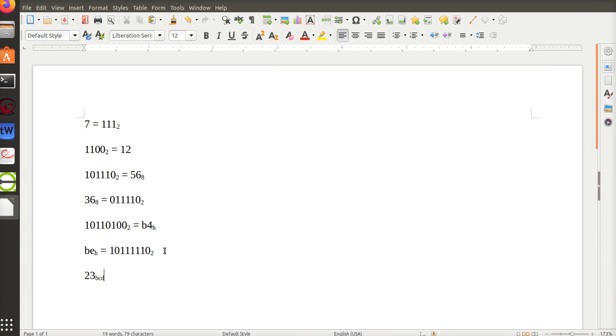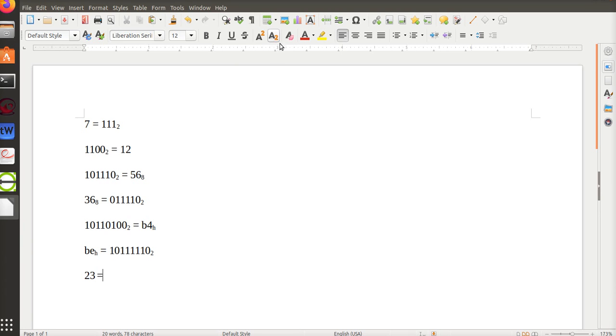Now, what you do when you're going from BCD to decimal, what you do when you go from decimal, I should have done decimal, and this is not right. All right, 23 decimal equals what in binary coded decimal?